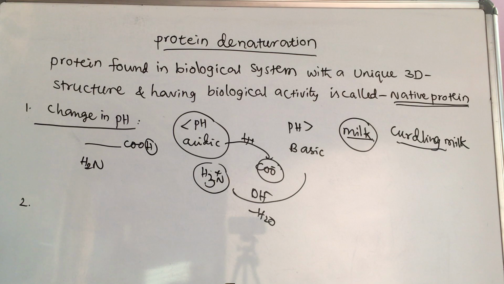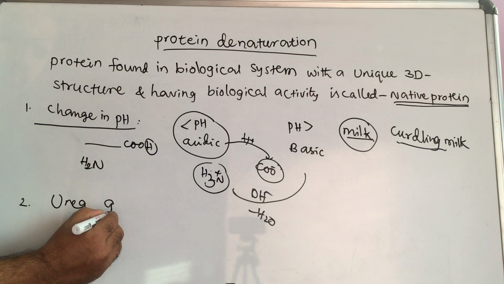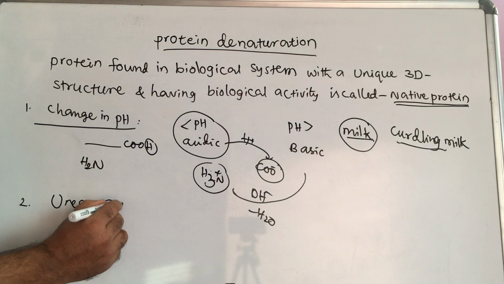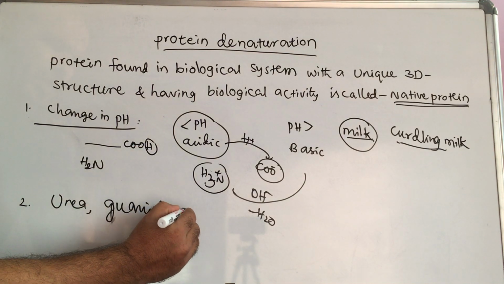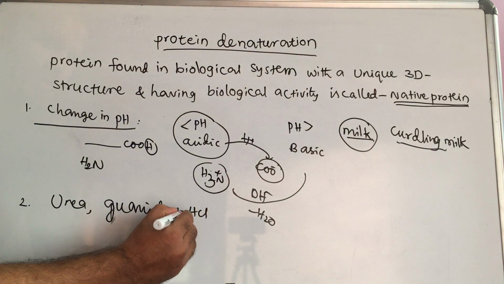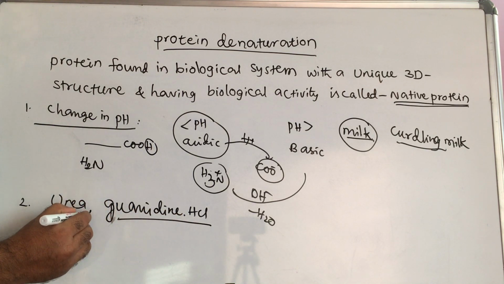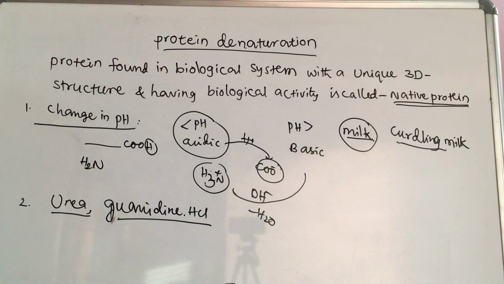Second one, we know urea, and another one is guanidine, which is a strong base, guanidine hydrochloride, HCl. Either urea or guanidine hydrochloride may be added to a protein, not both combined. Then these form hydrogen bonds with the protein.